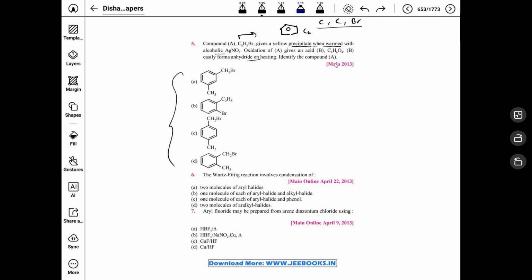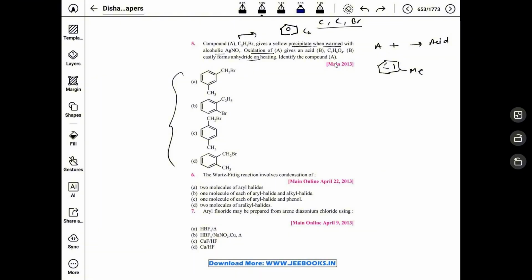Okay, so what is given next? Oxidation of A. So A on oxidation gives what? Carboxylic acid. So for sure this indicates that the benzene ring has a methyl group, right? But we don't know how it is aligned.